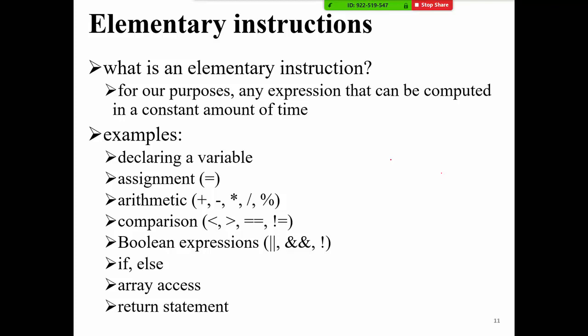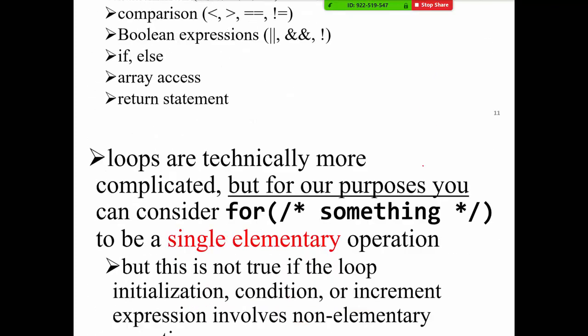So declaring a variable, assignment, arithmetic addition, subtraction, division, and also comparisons or Boolean expressions, that is and, or, negations, an if statement, array access, either read or write, and a return statement. All of these are elementary instructions.